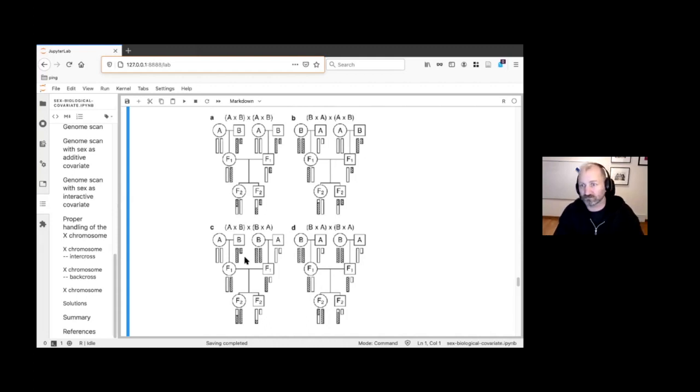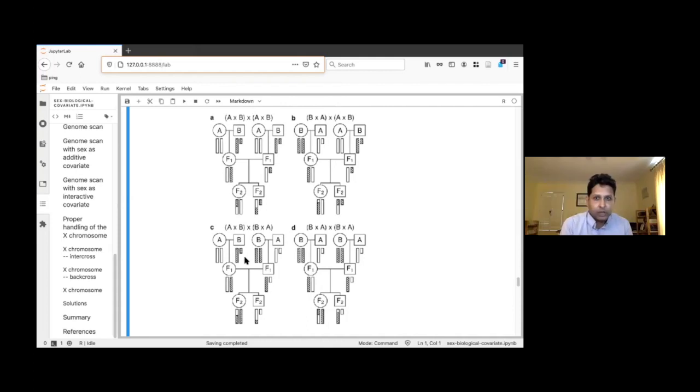I think when we were discussing the genetic structure of the X for recombinant inbred lines, you made a new point. That's good. Yeah, actually, I'll add that to the notes as well.